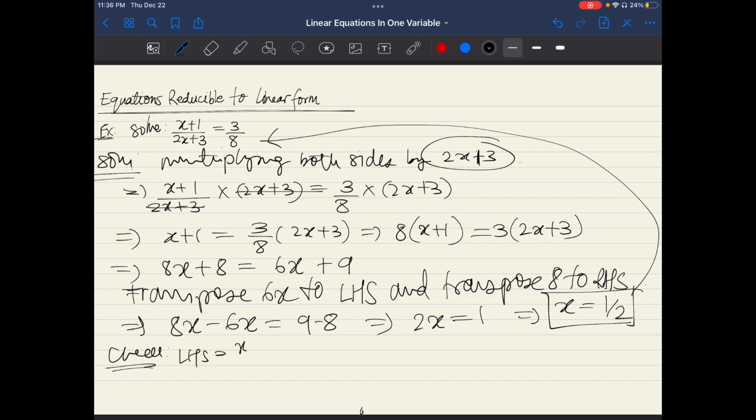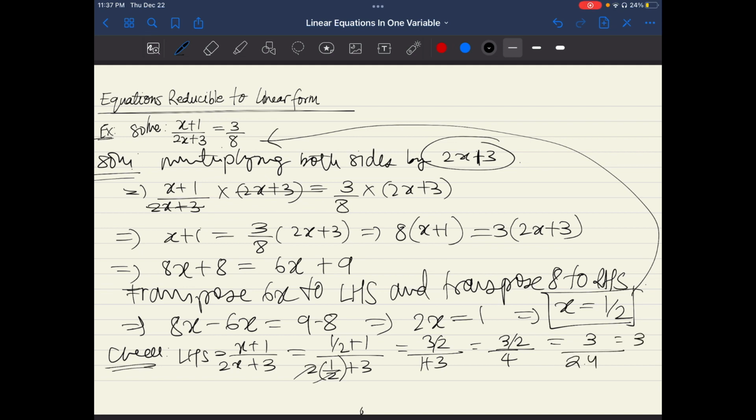LHS for us was x plus 1 over 2x plus 3, which will be 1 over 2 plus 1 over 2 times 1 over 2 plus 3, which is 3 over 2 over 1 plus 3, which is 3 over 2 over 4, 3 over 2 times 4, which is 3 over 8, which is the right-hand side. Therefore, x equals 1 over 2 is the correct answer to the given question.